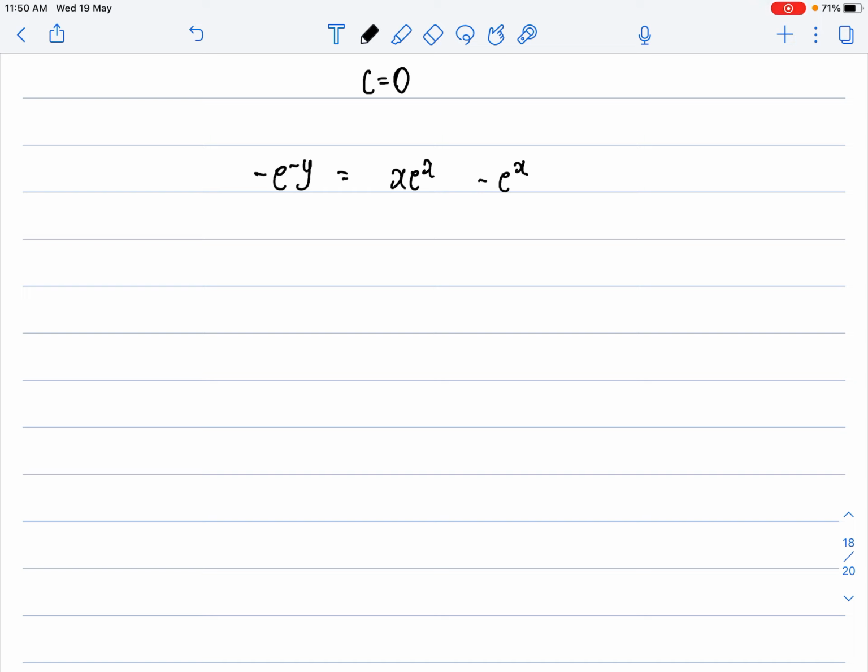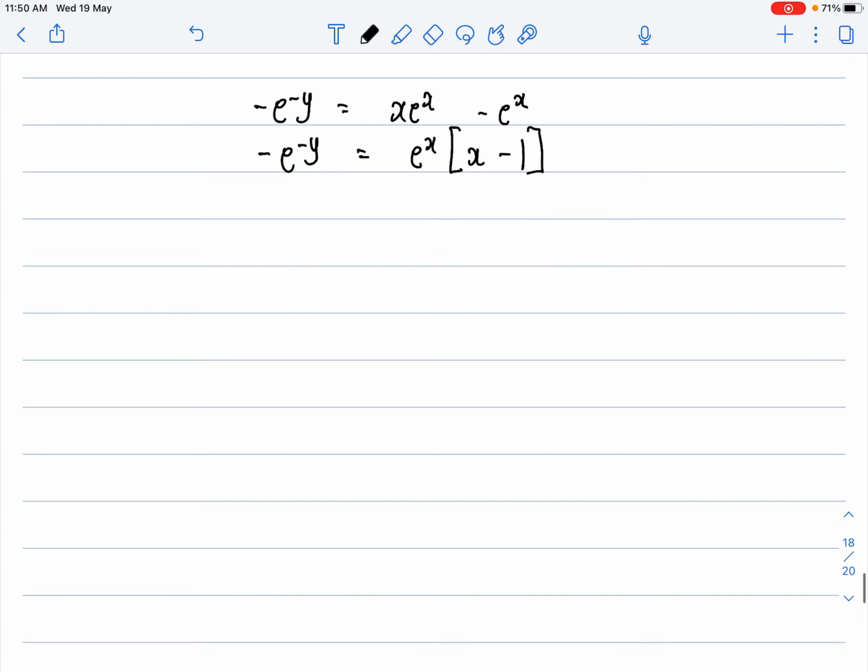Now what I can do is write this as minus e raised to minus y equals, I can take e raised to x common to get x minus 1 here. Correct? So now I can write this as e raised to minus y equals minus e raised to x into x minus 1, which can be written as e raised to minus y equals e raised to x into, I can take the minus inside, to get 1 minus x.